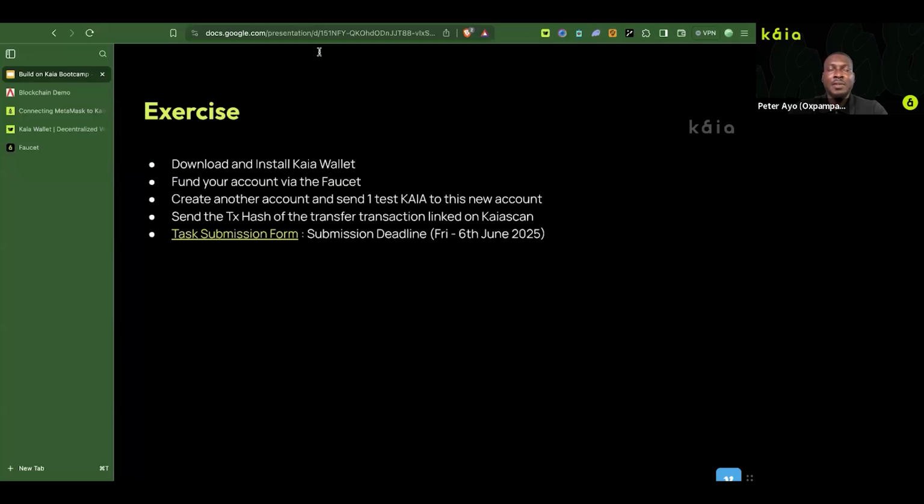Because you have a first account, then you want to create another account on Kaia Wallet and send one test Kaia to this account from your first account, right? That's the third step. And then you want to send the transaction hash of the transfer transaction by copying the transaction hash on Kaia Scan, right?